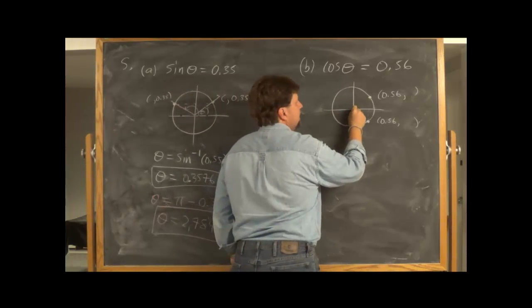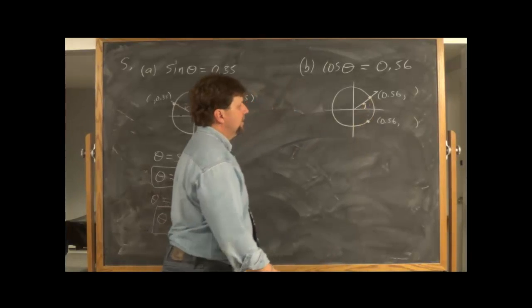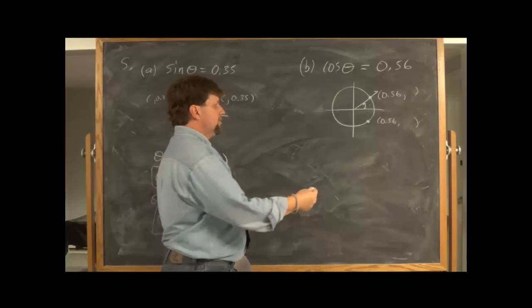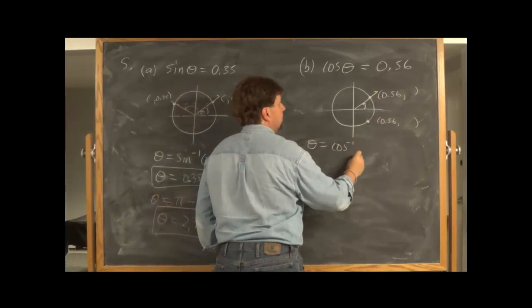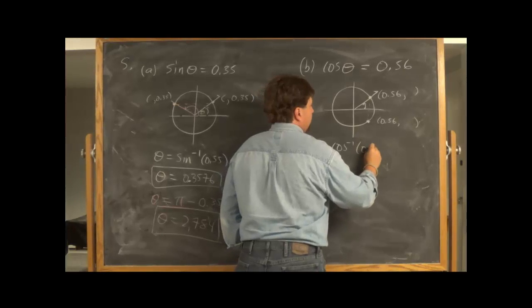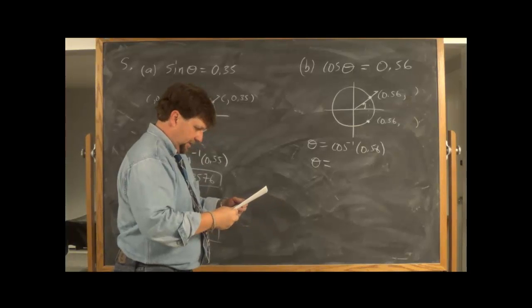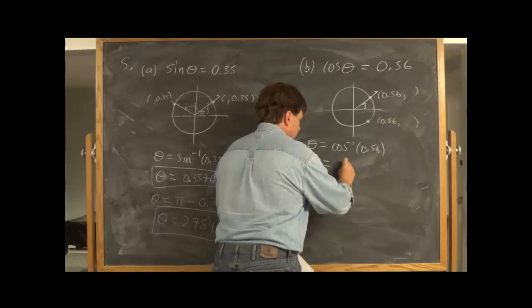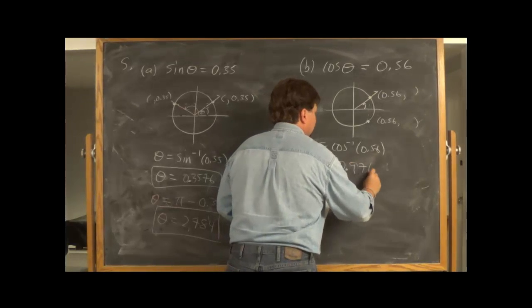So our task is to find that angle measure. And hopefully you're thinking, well, use angle finder, use inverse cosine, because you'd be correct. It's inverse cosine of 0.56, and that gives you, let's see, when I use my calculator, I get an angle of about 0.9764.